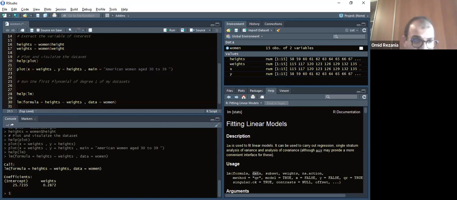It is written as LM, which stands for the linear model, and formula height a function of the weights, data women. It's exactly the same model which you wrote there. It's reminding you what model did you use. But look at here. That's our preliminary investigation into our model. We have coefficients, which one of them is called intercept.